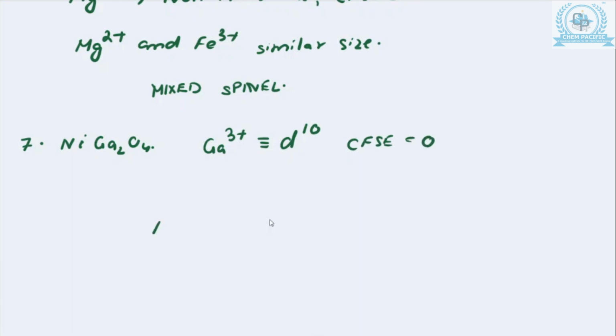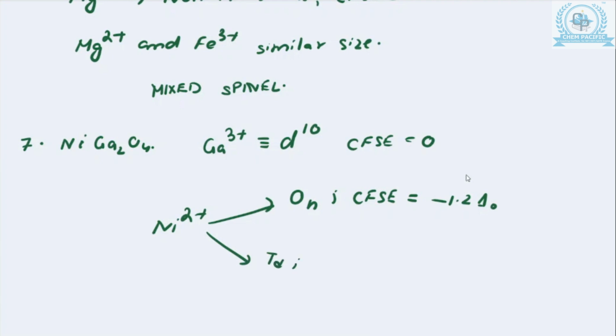But nickel 2+ in the octahedral site has CFSE value of -1.2 delta 0, and in the tetrahedral site the CFSE value is -0.35 delta 0. It means nickel 2+ prefers to occupy the octahedral site.